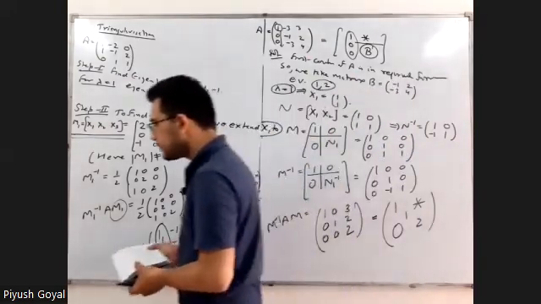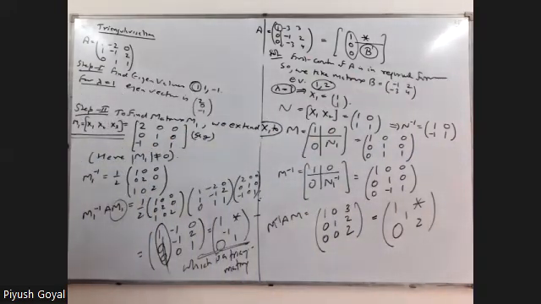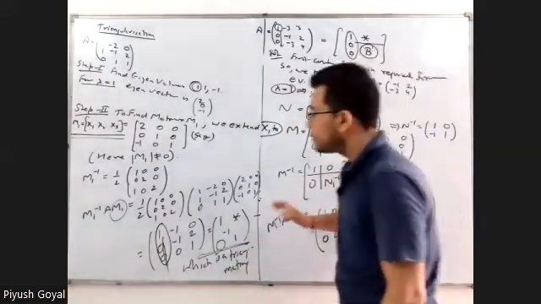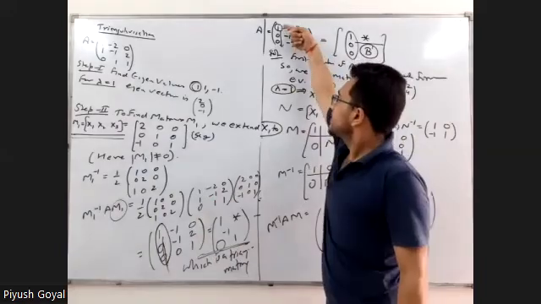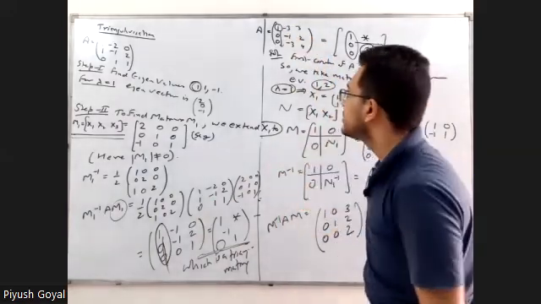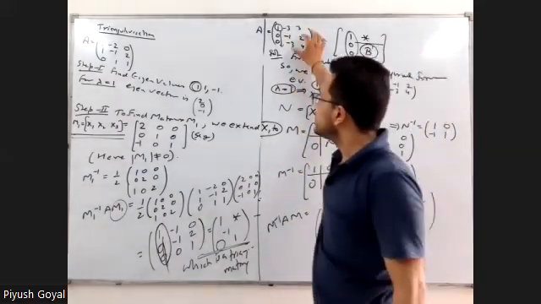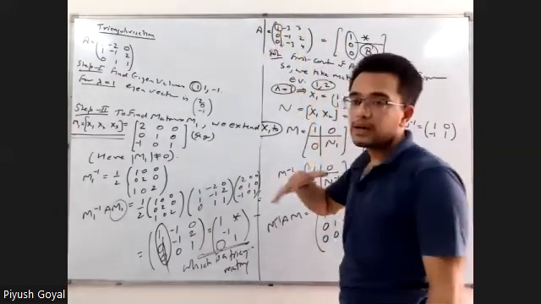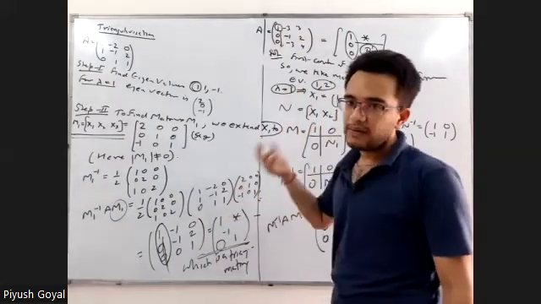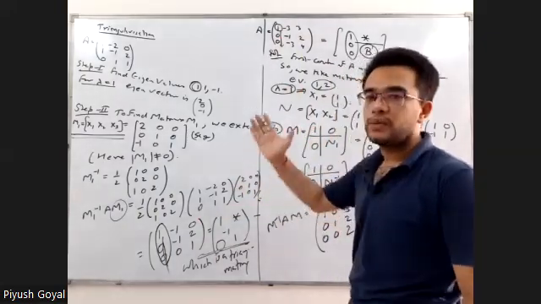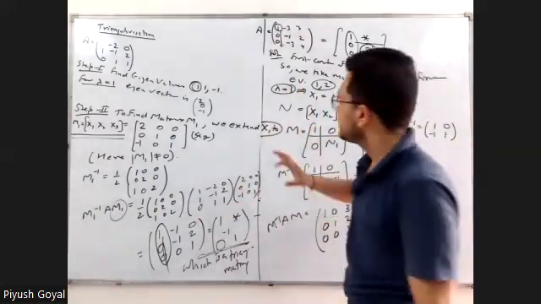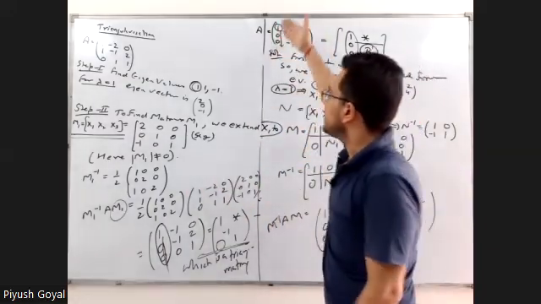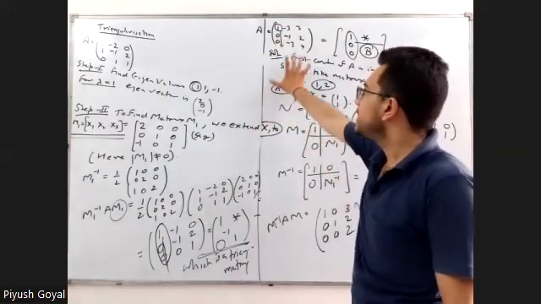So the thing is, it could have happened that we do not see the structure of the matrix. We do not feel that this column is already in the required shape, so we need not deal with it, and we simply start doing, for example, we find one eigenvalue, it will come out to be lambda is equal to 1. Then we find the eigenvector, then we make x1 x2 x3 as M1, then we multiply it. We will get a matrix of similar format. 1 0 0 is already there, no need to deal with this.